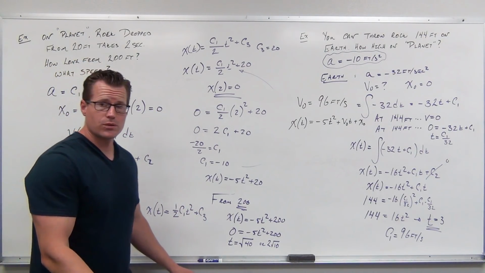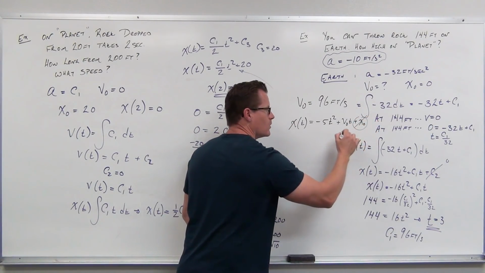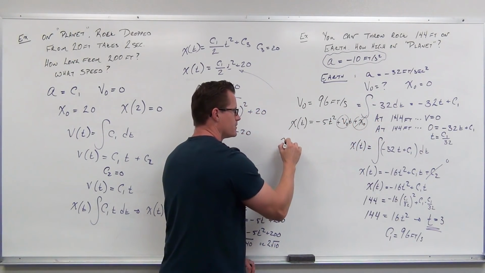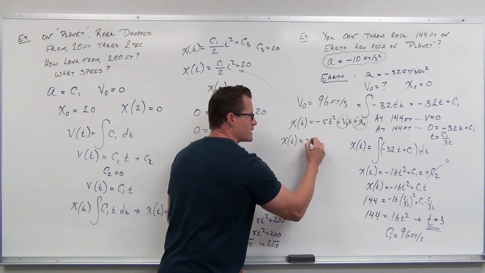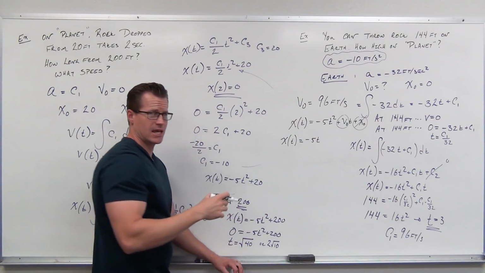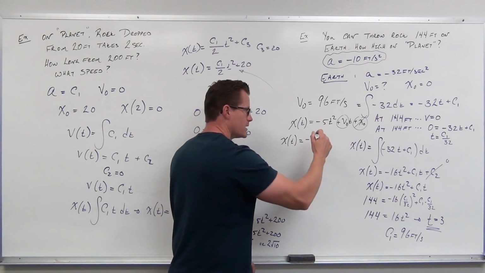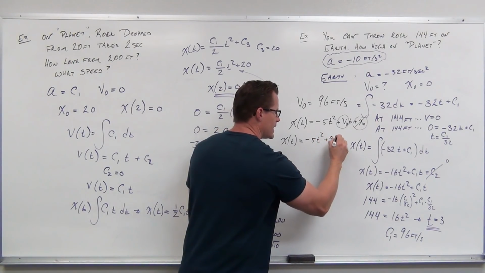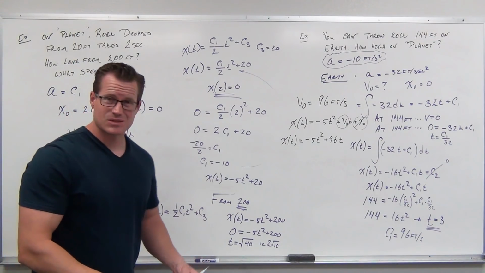But we know that. We know that if you're throwing something up from the ground, this is 0, and we just found that. So our position function, we just augment this. We know that the acceleration is based on -10 feet per second squared. So when we plug it into a position, it's -5, and cut it in half, plus 96t. Now that we know our initial velocity, that's pretty neat.